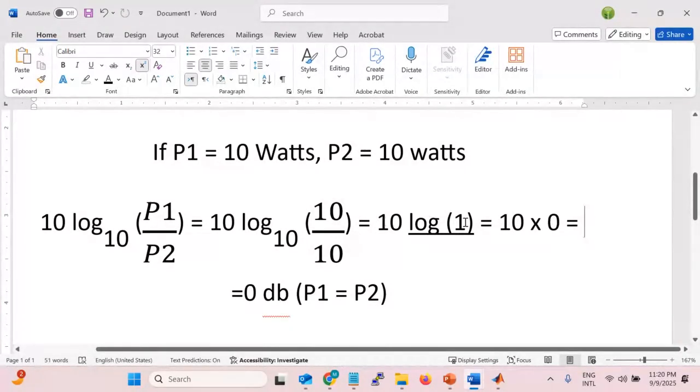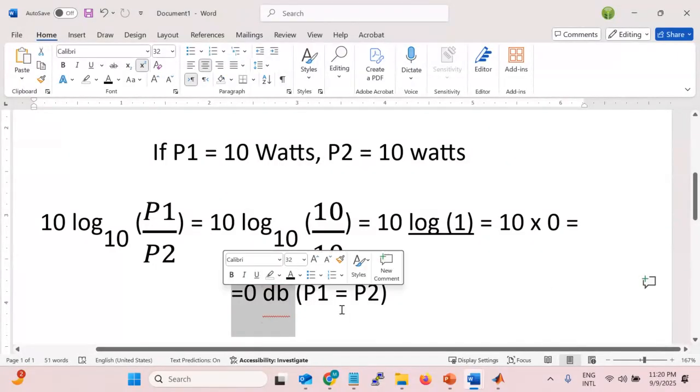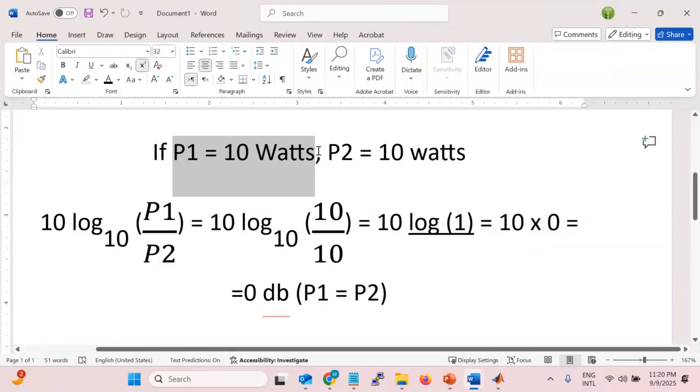So 10 log 1 equals 10 times 0 equals 0 dB. What is the meaning of 0 dB? It means that P1 equals P2. When the result is 0 dB, P1 equals P2. Now let us suppose that P1 equals 10 watt and P2 equals 5 watt.